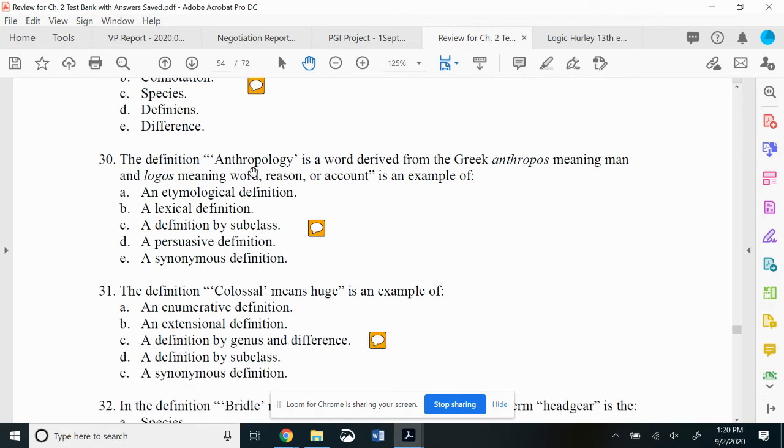30. The definition anthropology is a word derived from Greek anthropos, meaning man, and logos, meaning word, reason, or account. Some of you might pronounce this logos or logos. It's Greek. There's no exact way to pronounce this. Attic Greek, and I've taken Attic Greek class at my dissertation level or my PhD level.